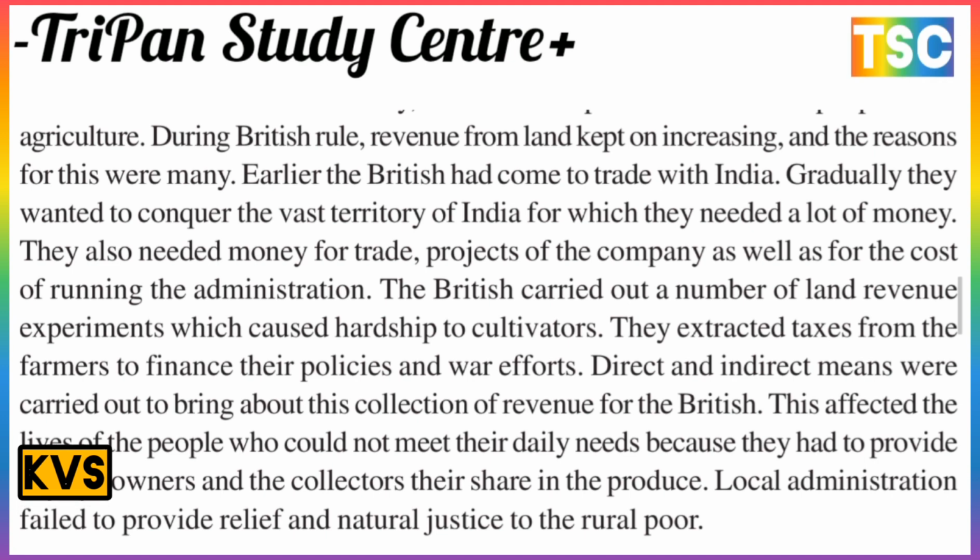This affected the lives of the people, who could not meet their daily needs because they had to provide the landowner and the collector their share of the produce. The local administration failed to provide relief and natural justice to the rural poor.